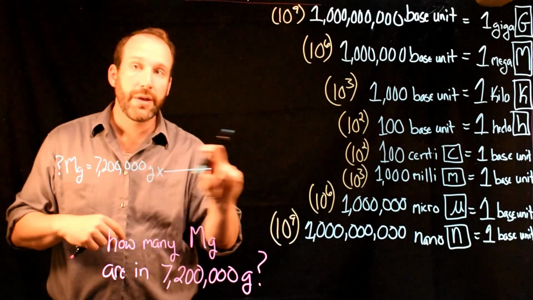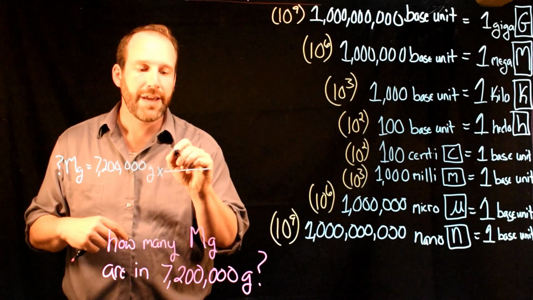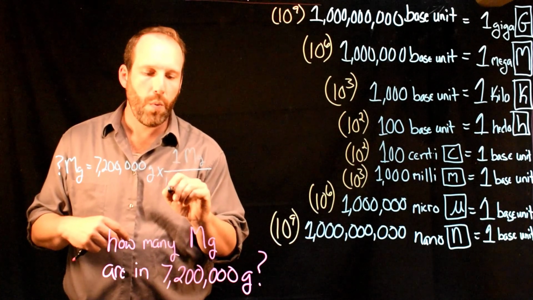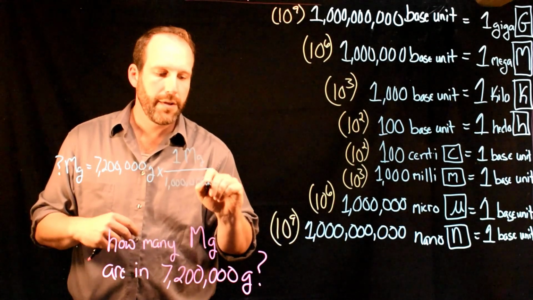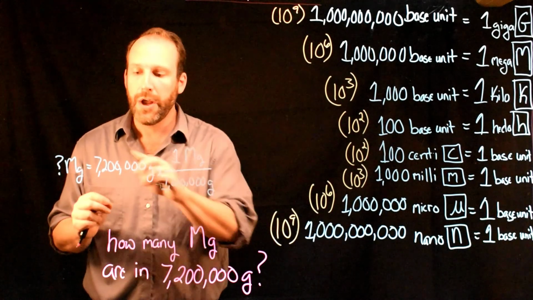So the conversion factor that I'm going to choose is to say that 1 megagram is equivalent to 1 million grams.